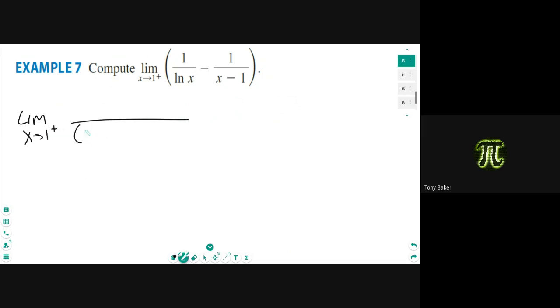So I have ln of x and x minus 1 on the bottom. And then in essence, I'm going to multiply this one by x minus 1 and that one by ln of x.